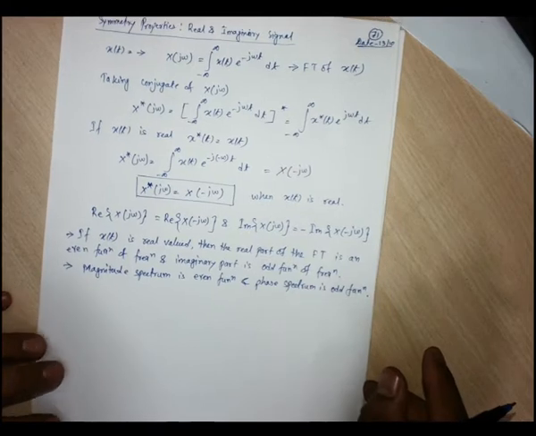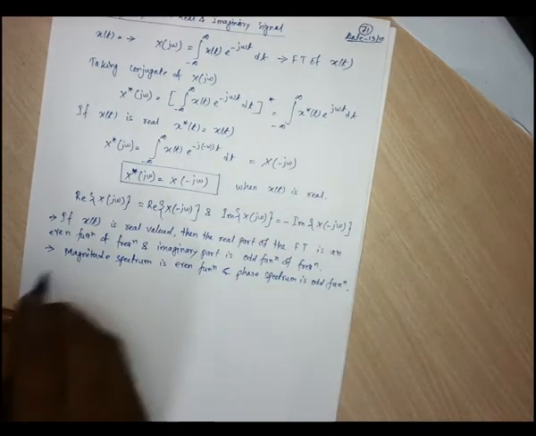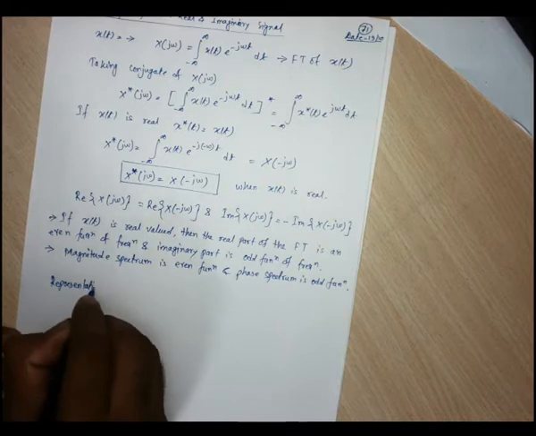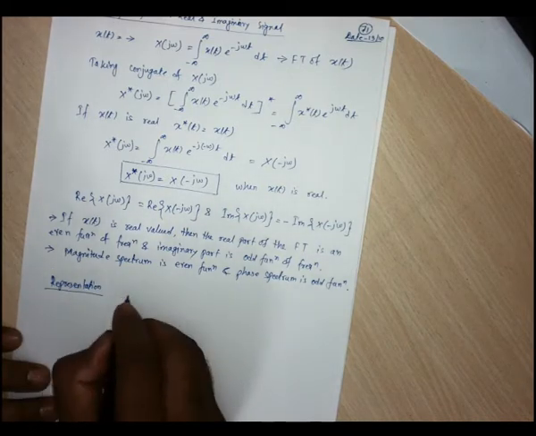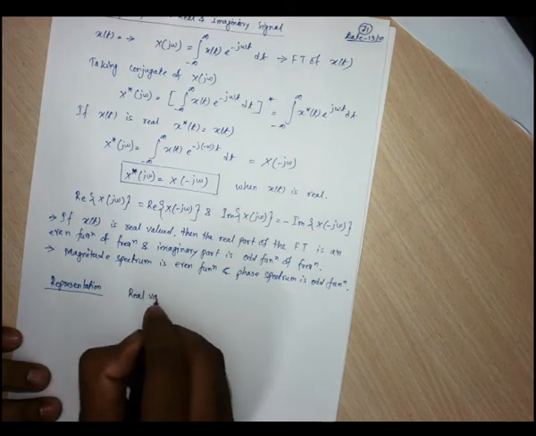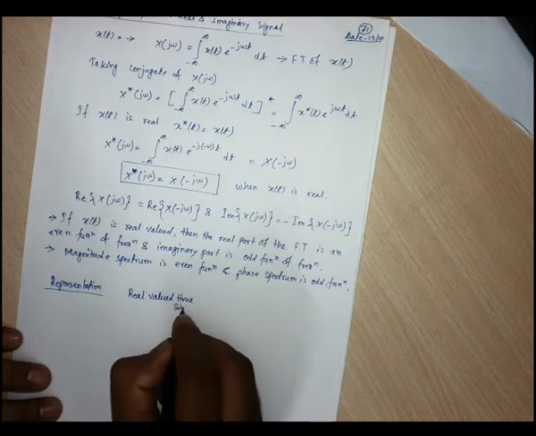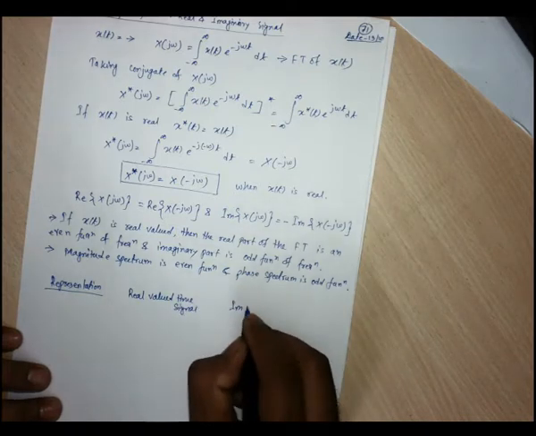Okay, so if we conclude this symmetry property, then let us go through the different kinds of representation, taking a real valued time signal as well as an imaginary valued time signal.